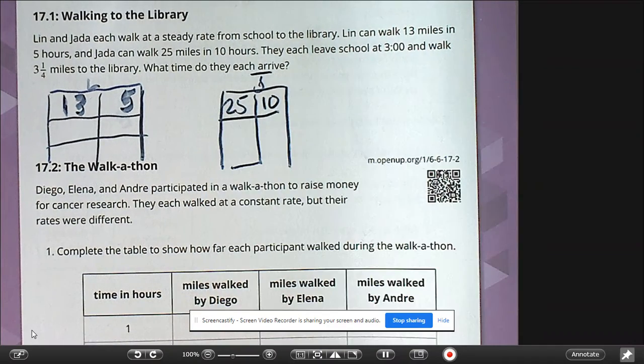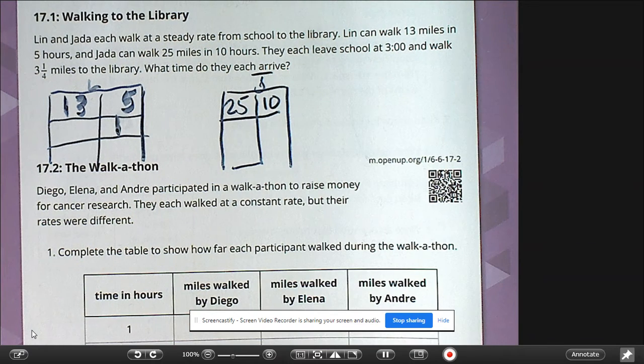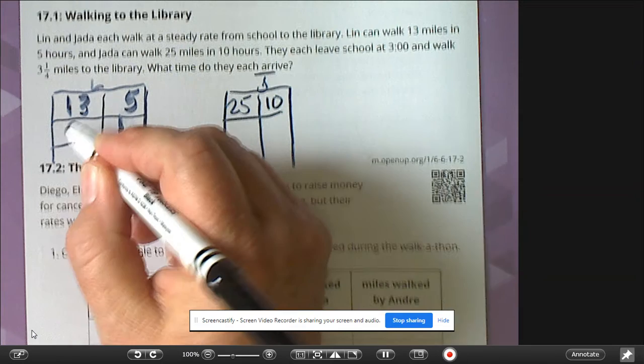So for Lynn, you're going to divide: how much does she walk in 1 mile? And so you're dividing each side by 5 to get the unit rate. So 1 mile would be 5/13.